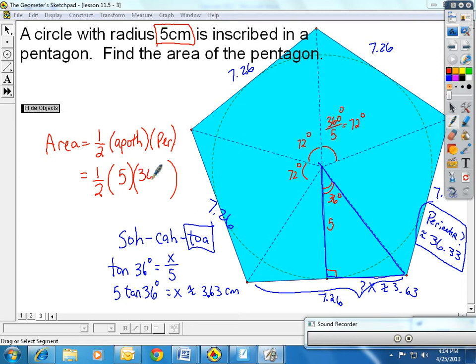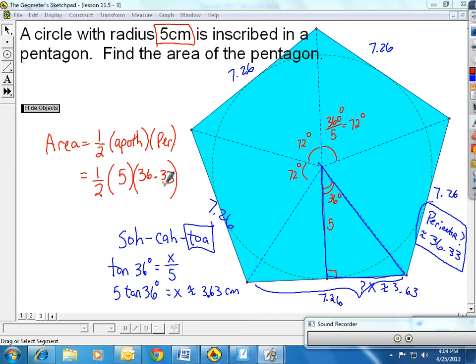Now I can plug 36.33 into my formula, multiply that by 5, divide by 2, and I get approximately 90.82 centimeters squared, the area of this pentagon. Now that was a little bit more involved.